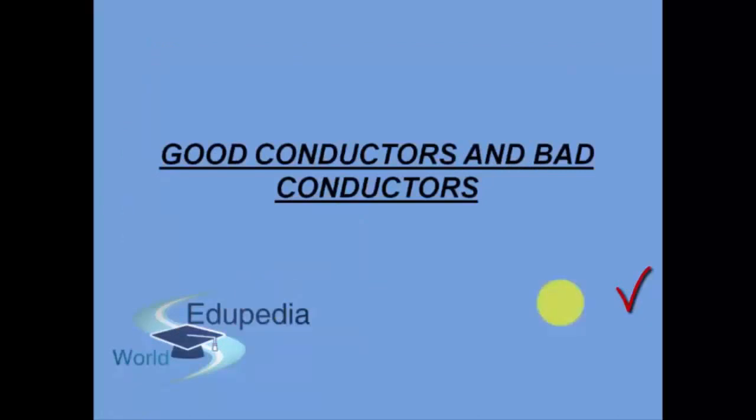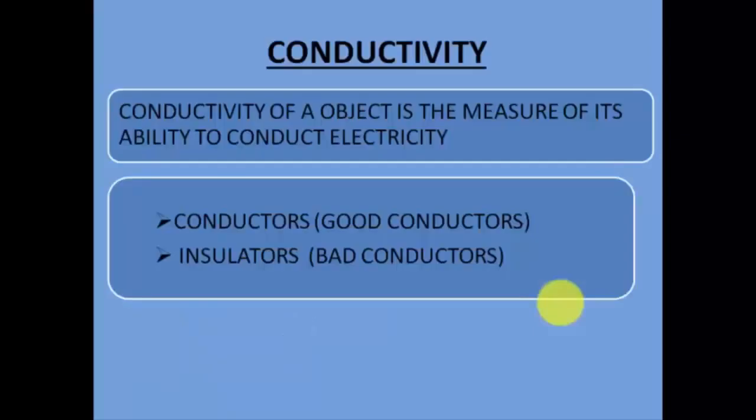Let us now talk about good conductors and bad conductors of electricity. Each object or substance can be divided into two categories: either they are good conductors or they are bad conductors, that is, insulators. First we should talk about what conductivity is.